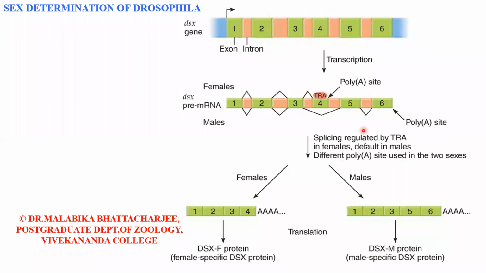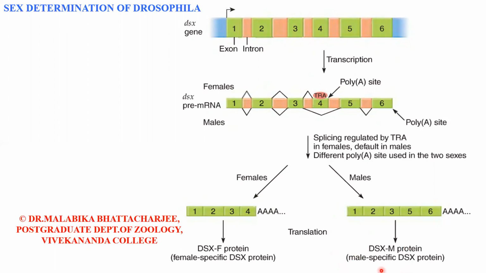In the default fate, what happens? There are, as I said, two poly-A sites, but the default site is this one. In presence of the TRA, this one is actually identified. So in the case of the default fate, we are getting the full mRNA, and the poly-A site after the 6th exon is recognized, and we are getting the double sex male protein.